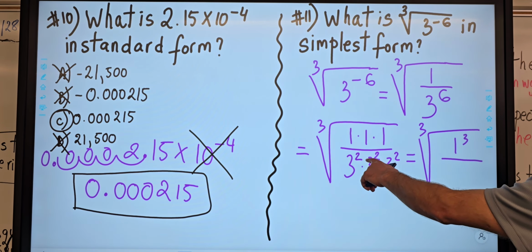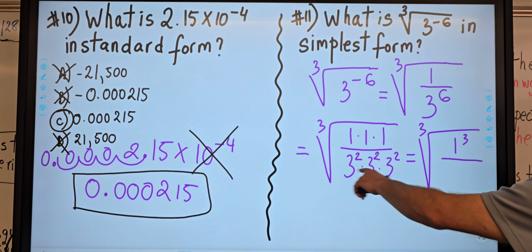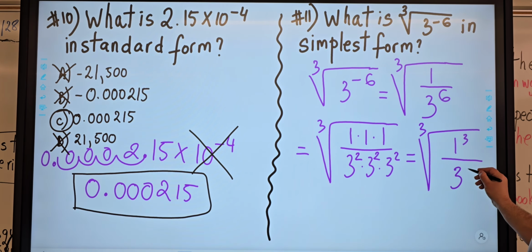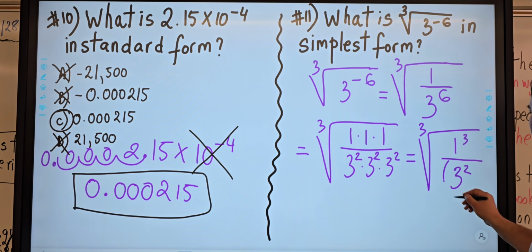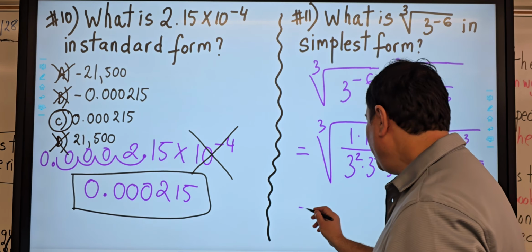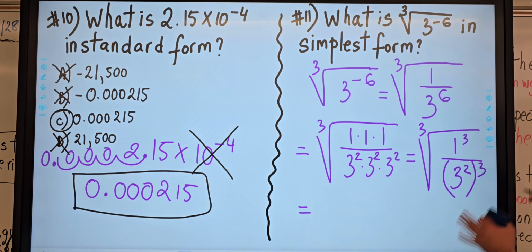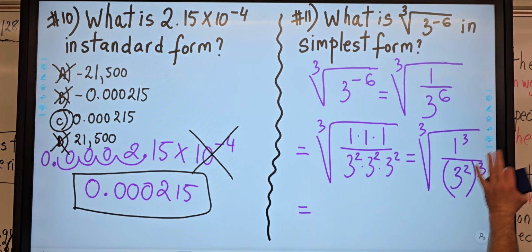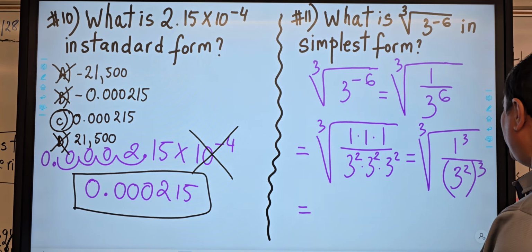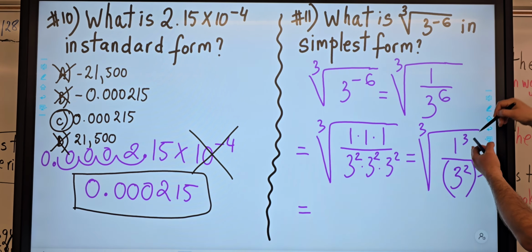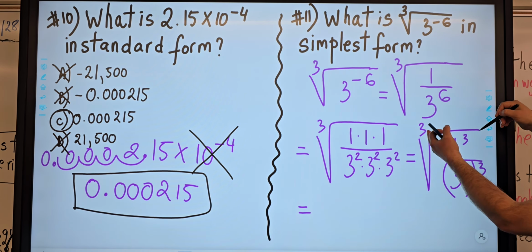Because here we would have to add 2 plus 2 is 4 plus 2 is 6 and keep the base. Or we can say 3 squared all to the third power, right? And you got to be very careful how to tackle this problem, because now we need to find the final answer.